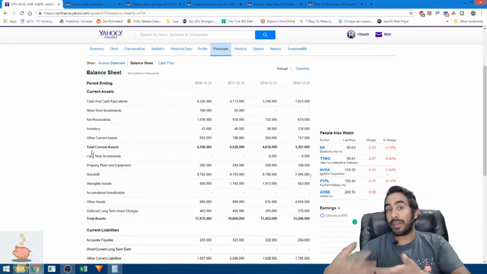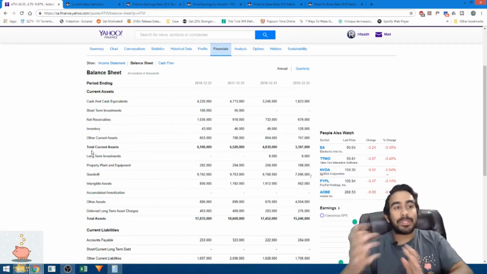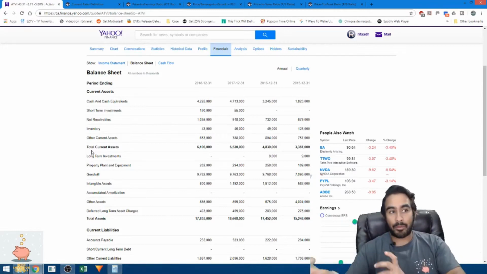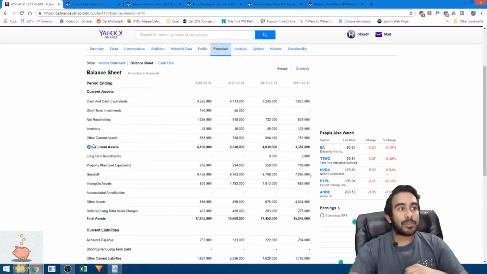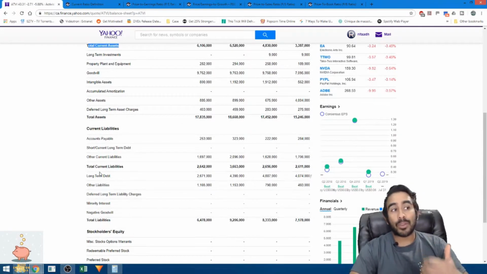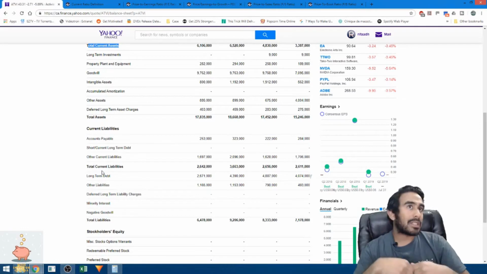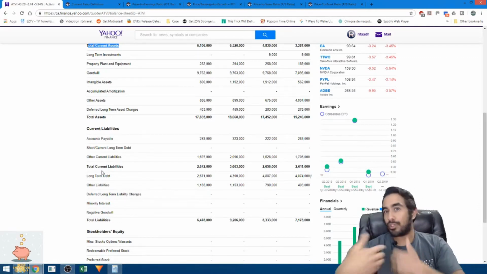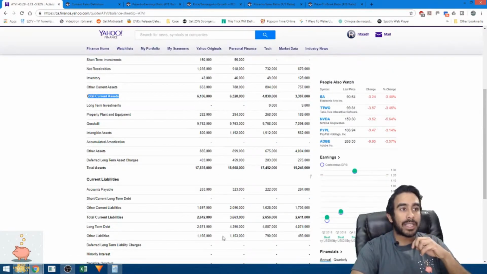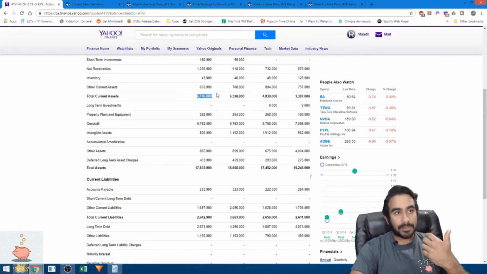It's easier to liquidate within the year. Long term is a bit harder, like real estate, which is hard to get rid of fast. That's the reason we take the total current assets. And the same with total current liabilities, because those are the debts you pay in the short term, usually 12 months. So you take this amount divided by this amount.